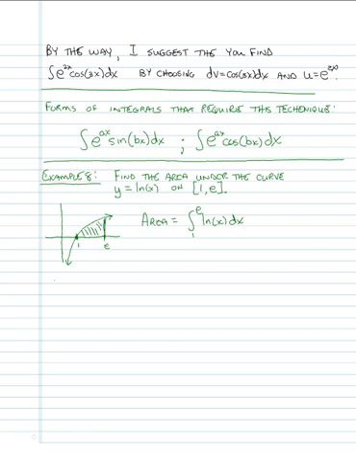And so our issue right now is what's the indefinite integral of natural log of x with respect to x? That's a problem. We haven't ever seen that. We've seen where an integral gave us a result of natural log of x, but we've never integrated natural log of x.